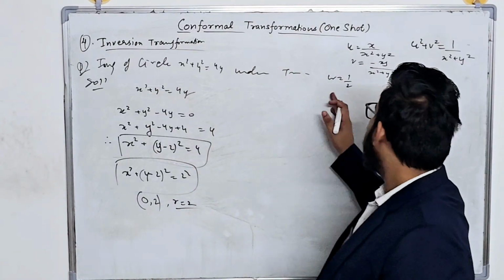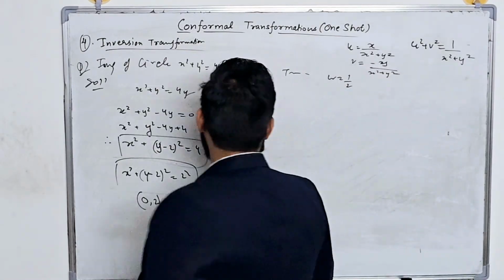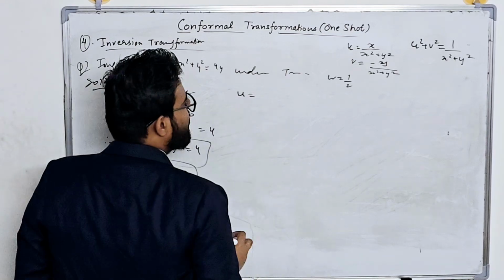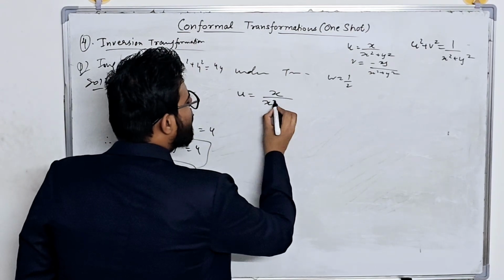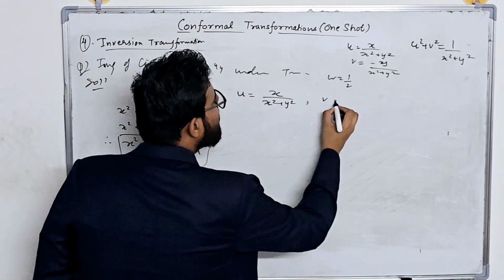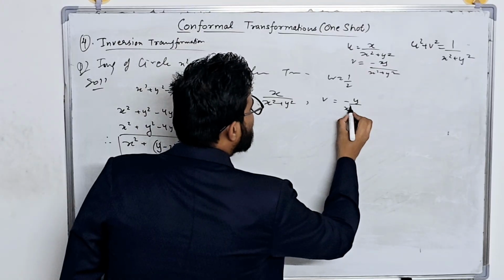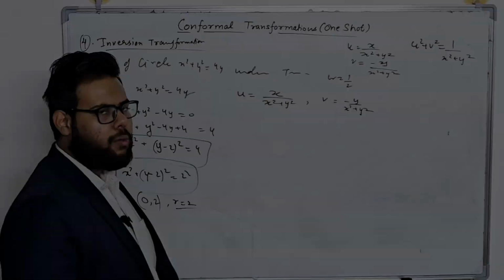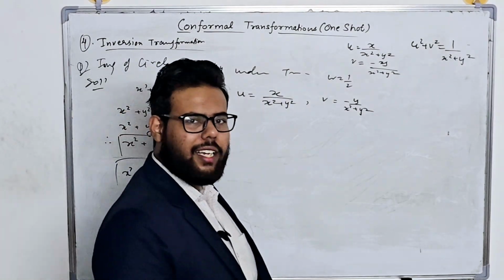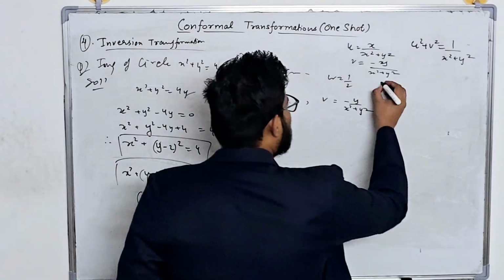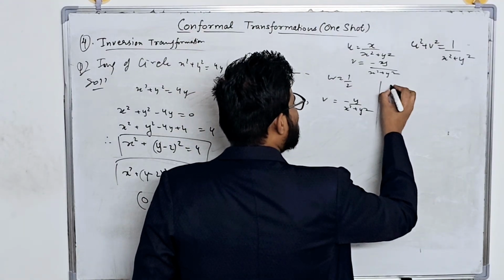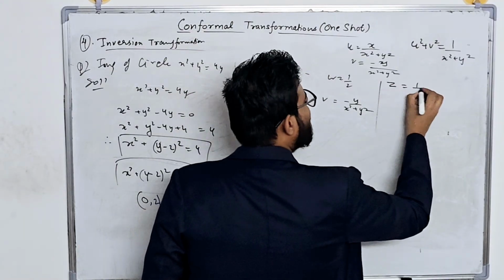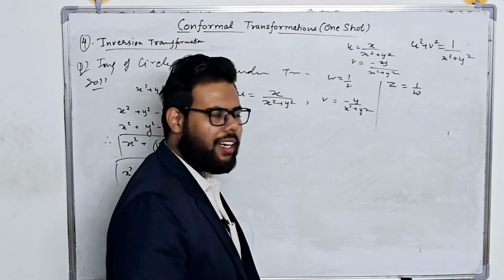Now the transformation is this, right? So we have the transformation as u is equal to x upon x square plus y square, and v is equal to negative y by x square plus y square, right? Well, this is one way to write it. What is another way to write it? Well, I can also say that z is equal to 1 upon w. We can say this, right?